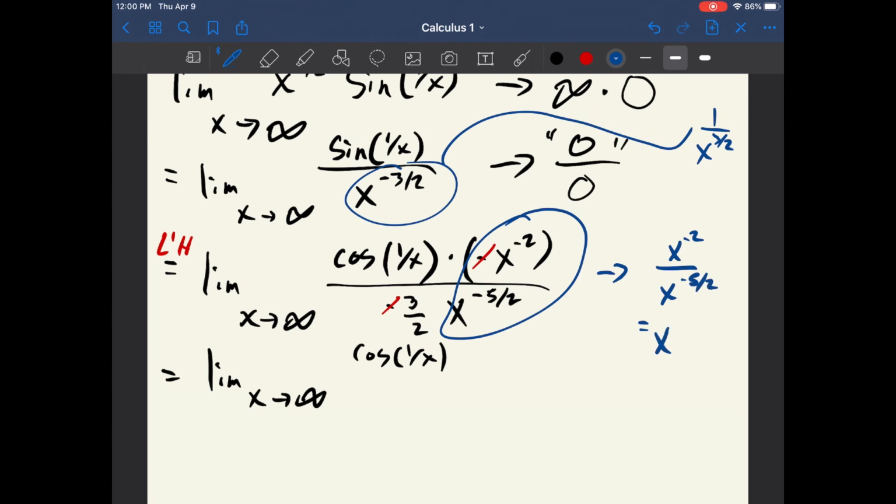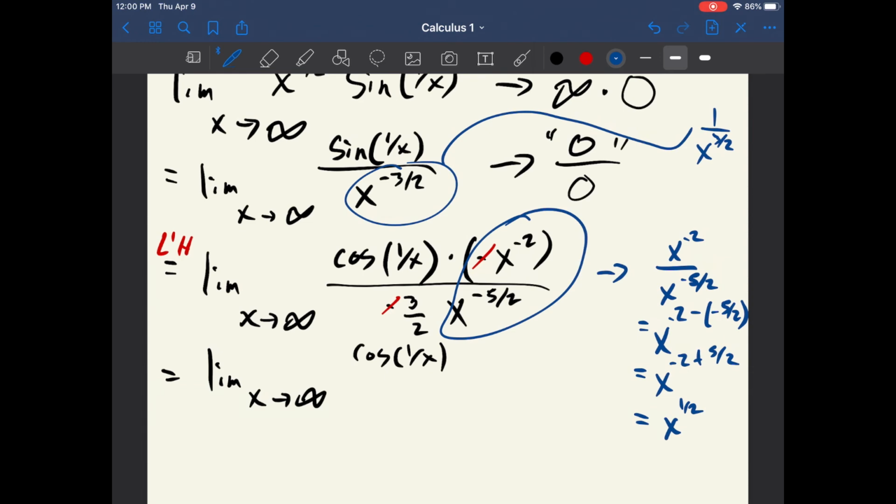And that's the same as x to the minus 2 minus minus 5 over 2, right? You subtract the powers when you're combining these. And that's the same as x to the minus 2 plus 5 over 2. And if you do the combination in that exponent, that should give you x to the 1/2, right? So we get something like that.